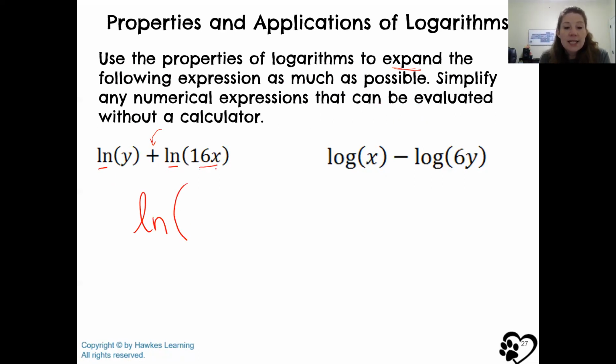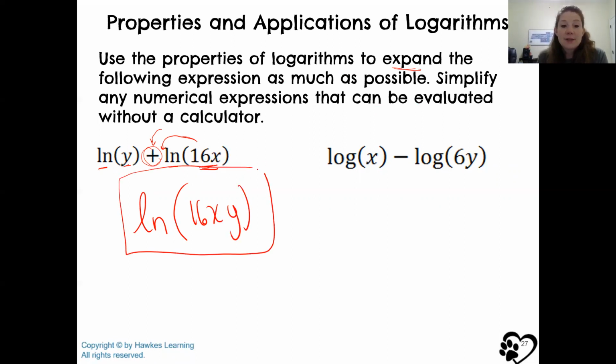So this is 16x. Now this 16 is not in the front, so we can't make it an exponent. We're just going to have to keep it together. 16x times, because of this plus symbol, y. And the only reason I'm flipping these is because I usually try to put my variables in alphabetical order. So I'm going to write 16xy. And guess what? That's all there is to that one. That was pretty easy. We just had to throw those things together.